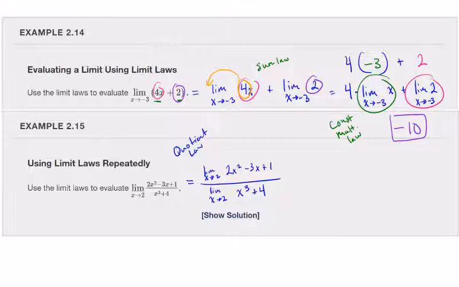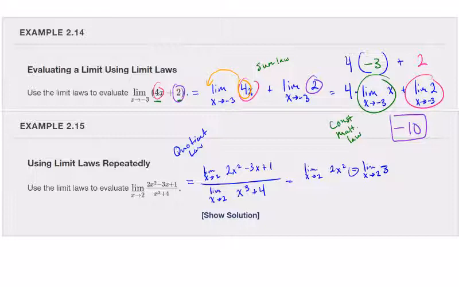Now, in this numerator here and in the denominator, I see I have sums and differences, right? So what I'm going to do is break this up into 3 limits, one for this, one for this, one for this. Okay? So I'm going to say the limit as x approaches 2 of 2x squared minus the limit as x approaches 2 of 3x.